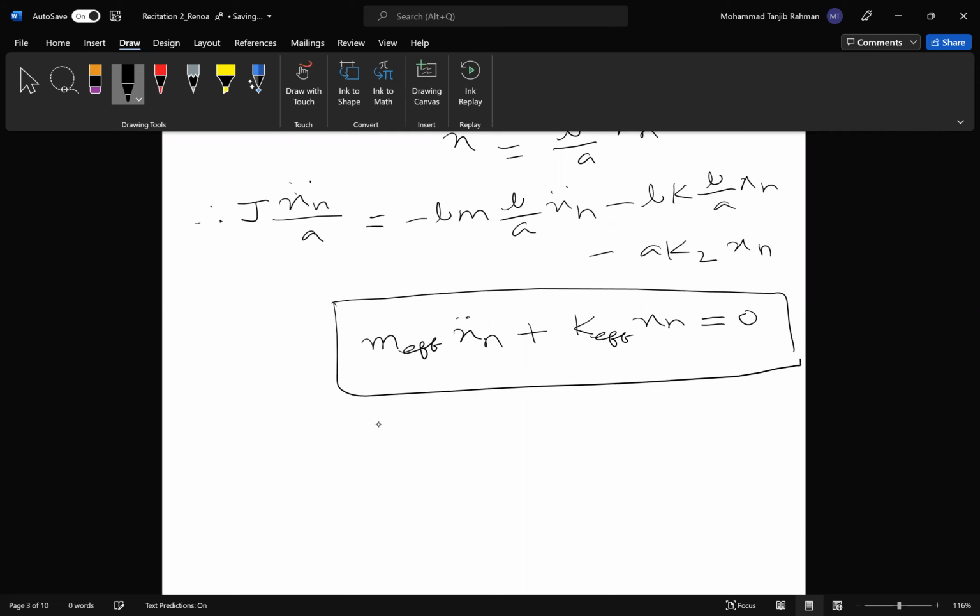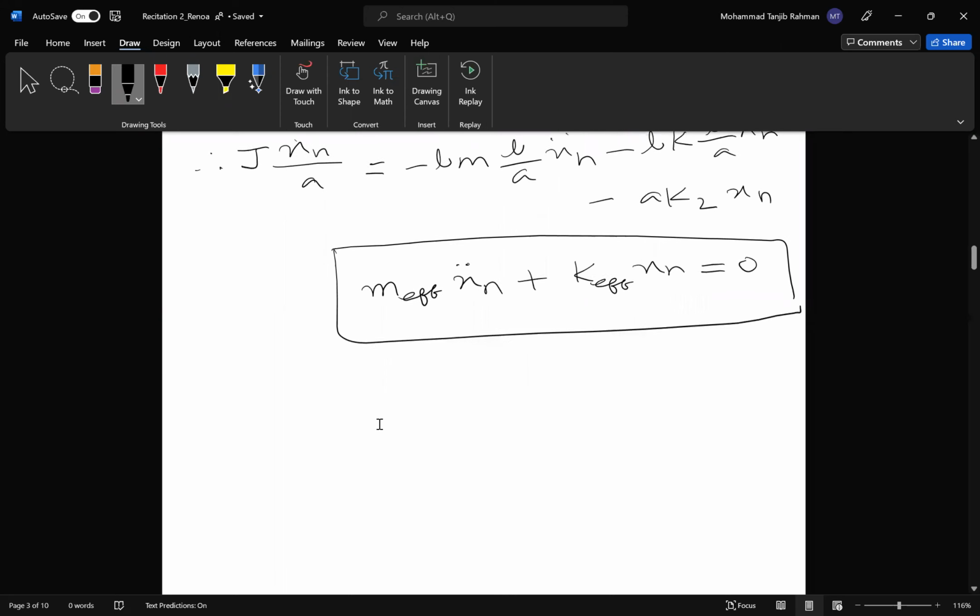So now we are just going to simplify everything so that we can put it into this standard form, and from that we will just equate the term before x double dot n as the effective mass, and the term before xn as the effective stiffness. So let's just do that.